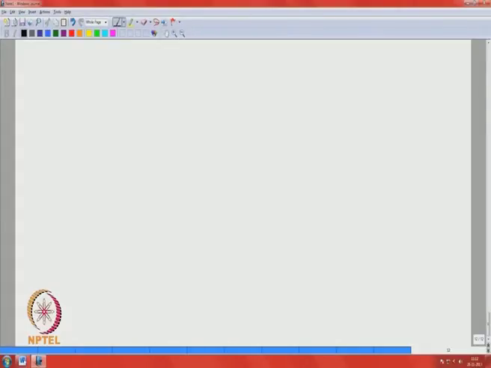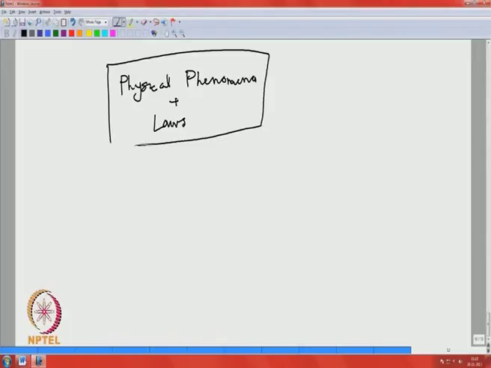So, let me conclude the entire thing by drawing a schematic diagram. You basically have the physical phenomena, and you have the physical laws here, and that is what you started with; the whole of science is that, right, physical phenomena and physical science.